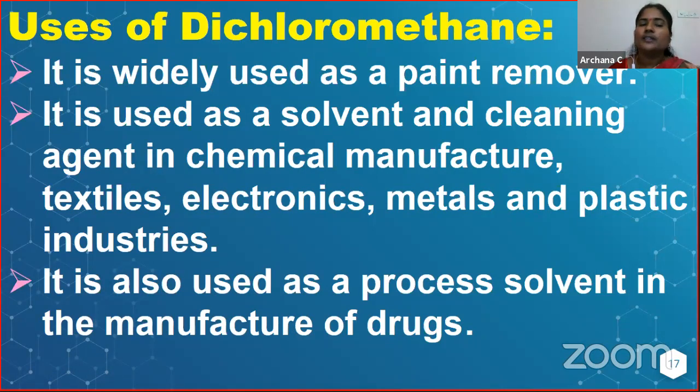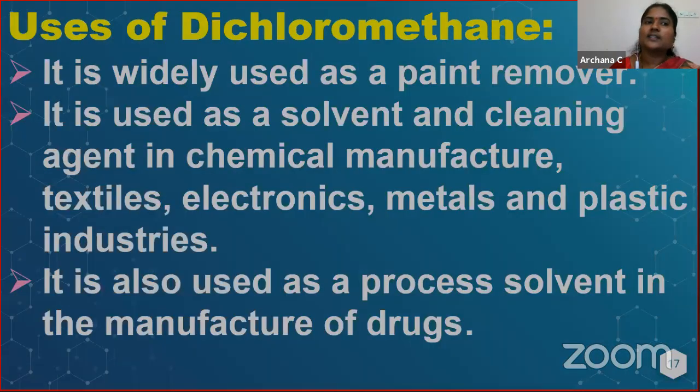Dichloromethane is used as a solvent and also a cleaning agent in chemical manufacture and textile industries, and in electronics and metal industries also as a cleaning agent. It is also used as a process solvent in the manufacture of drugs. So these are the uses for dichloromethane.